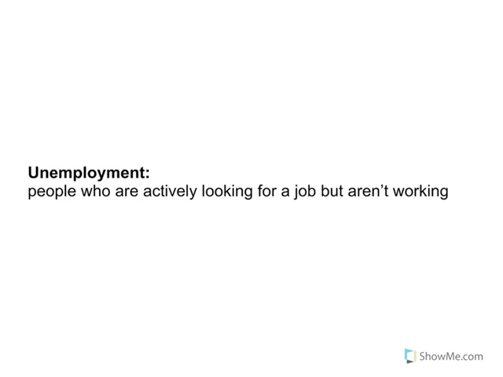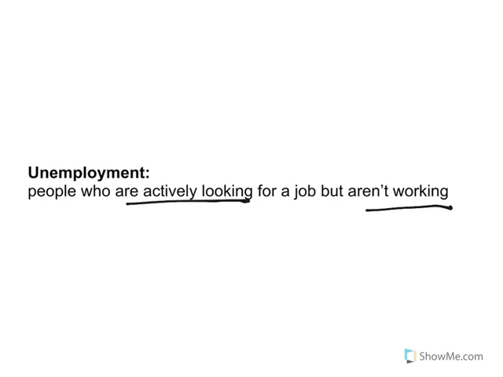Unemployment, as we're going to define it in this course, is people who are actively looking for a job but aren't working. There are two key parts to that definition. First, they can't be working. The other key part is they have to be actively looking.